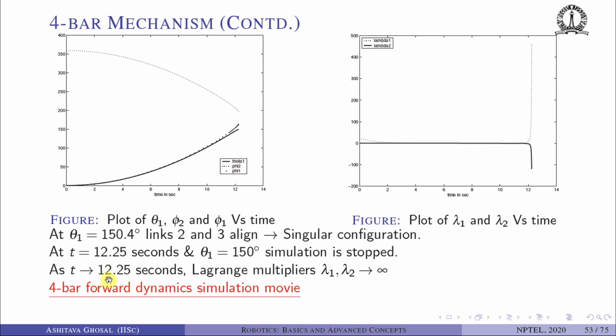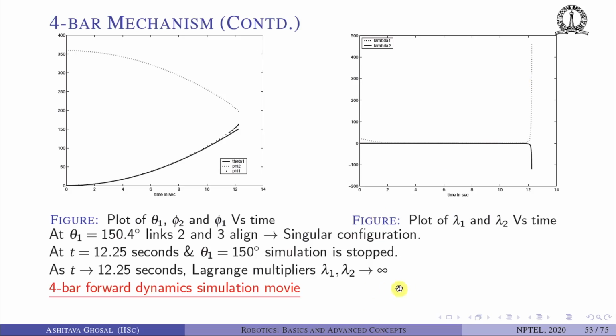Why? At t equals 12.25, you can see that the Lagrange multipliers are going off to infinity. Remember, in a 4-bar mechanism, we introduce these Lagrange multipliers for the loop closure constraints, and then we solve for the Lagrange multipliers, substitute back in the equations of motion, and then solve the equations of motion numerically.